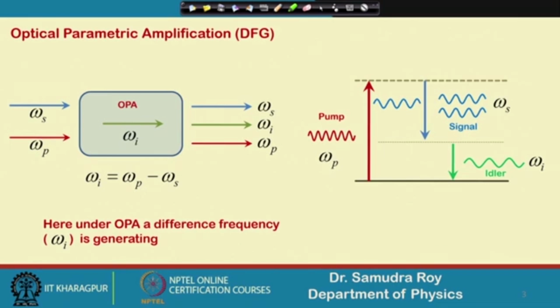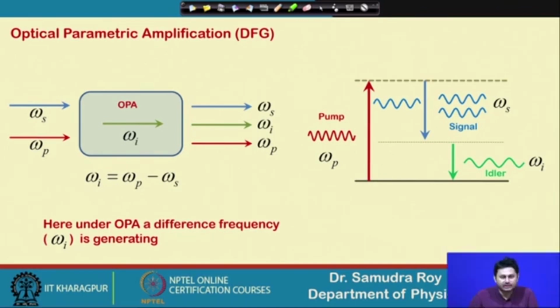This is the corresponding energy diagram, and it suggests that if a small amount of signal is present at the input, the signal will evolve and amplify, but at the same time the idler wave is also generated, with frequency omega p minus omega s, which is nothing but the difference frequency.